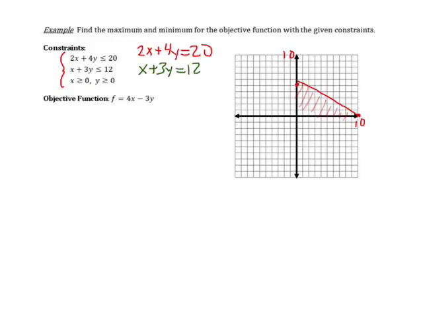And this one we might want to go ahead and put in slope-intercept form. Subtract the x from both sides. We're going to get 3y equals negative x plus 12. And divide by 3. y equals negative 1/3 x plus 4. Alright. So we have a y-intercept of 4 in this case. 1, 2, 3, 4. And a slope of negative 1/3.